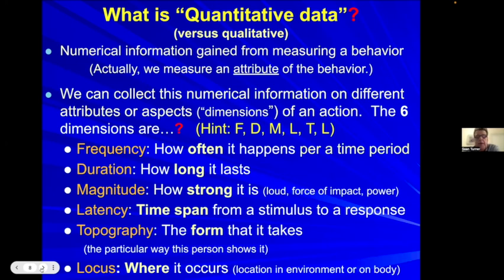Then when you get to the point of how you're going to collect data, you have to choose one of these forms or dimensions to measure the data. So do you want to measure frequency, duration, magnitude, latency, or topography?